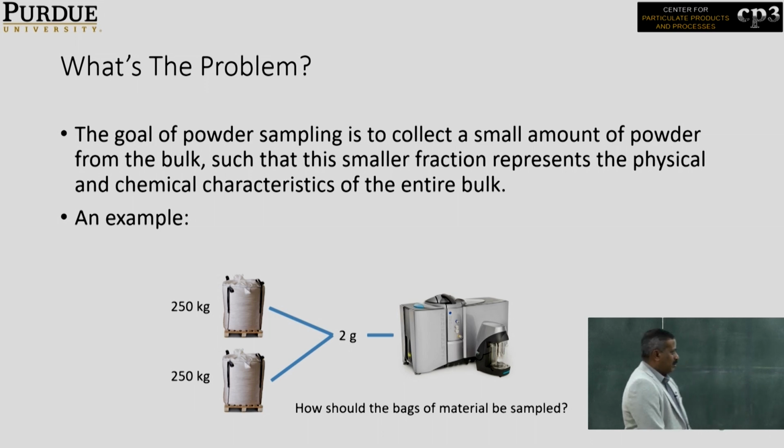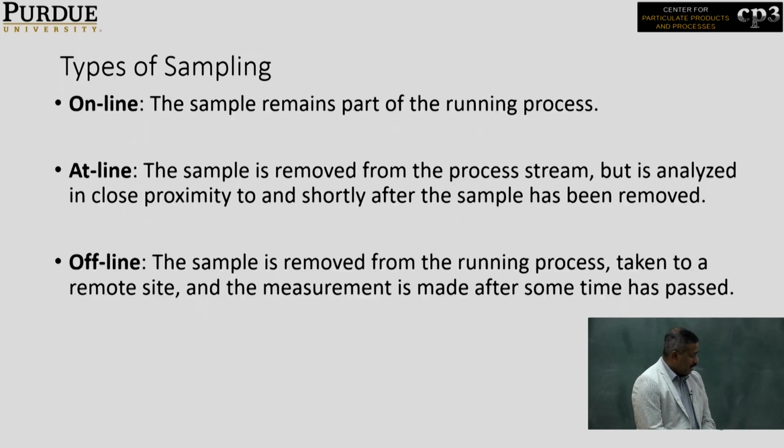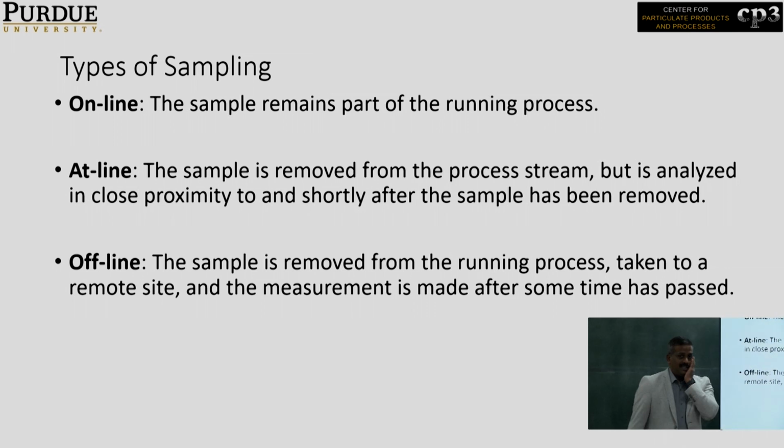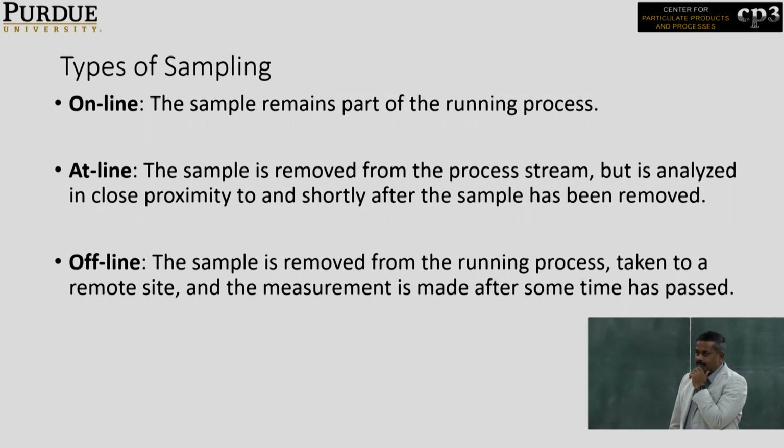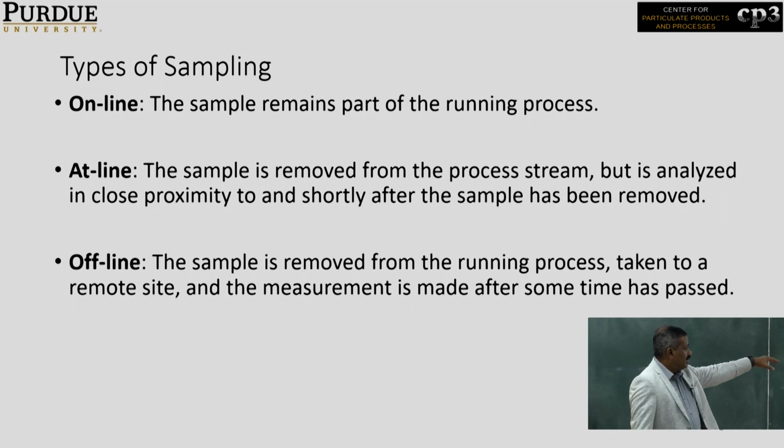Okay, so we'll talk about those methods, and what advantages and disadvantages these methods have. We'll talk about different sampling methods. When you go to any process industry, in general, we see different types of sampling: online, inline, at-line, offline sampling, etc. Online usually you don't remove the sample.